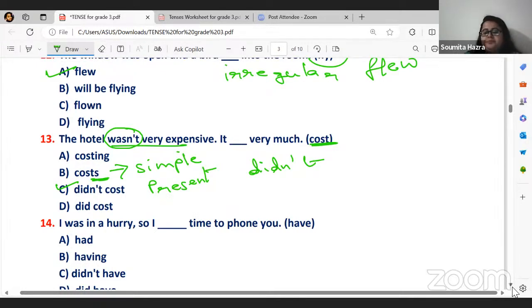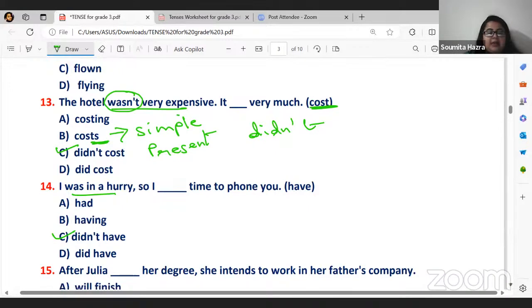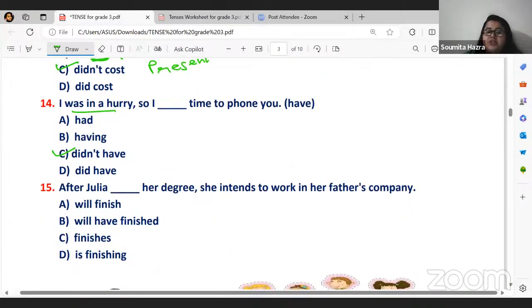Okay? Number 14. I was in a hurry, so I dash time to phone you. Number 14. 14C. So I didn't have time to phone you. Very good. To call you actually. Number 15. After Julia dash her degree, she intends to work.